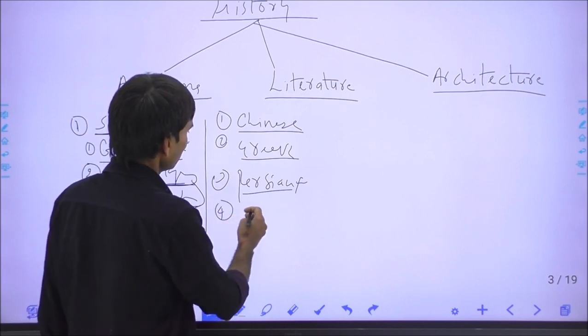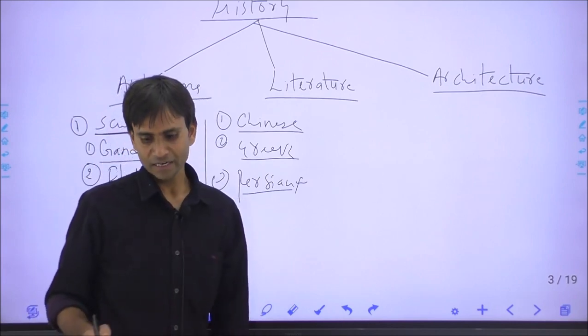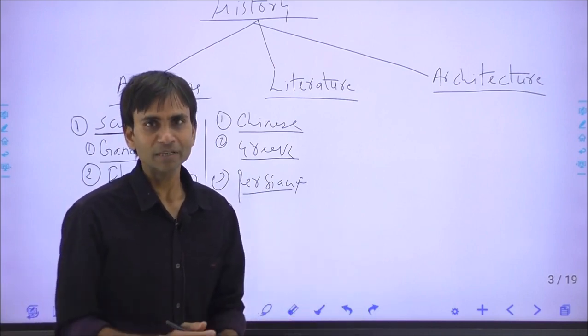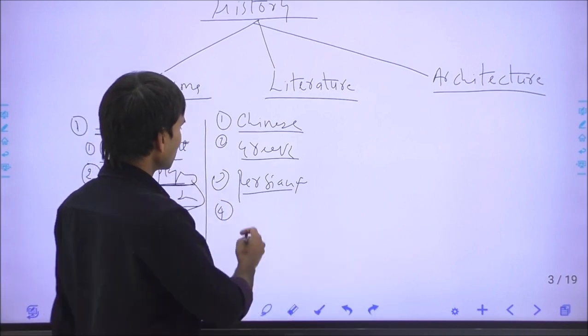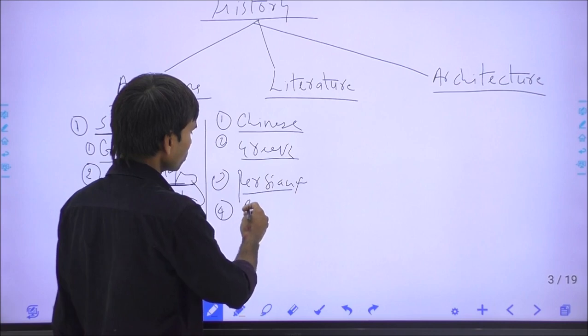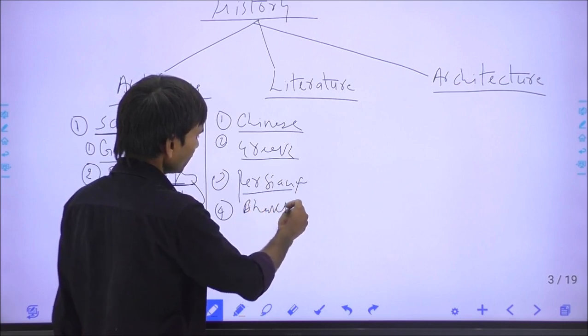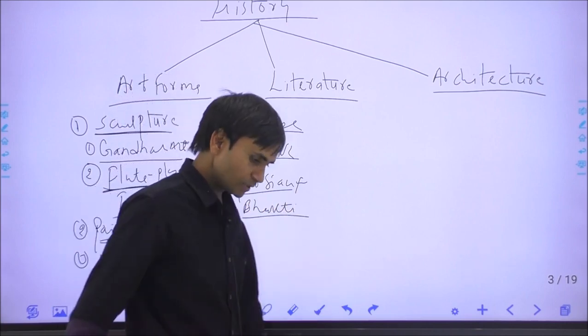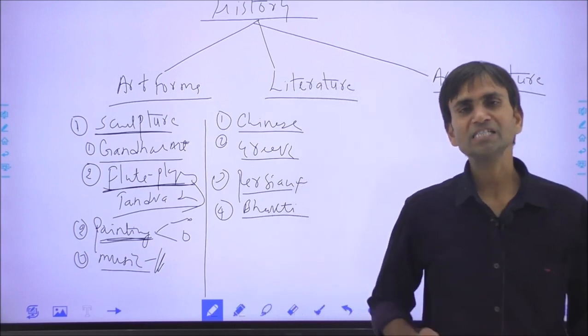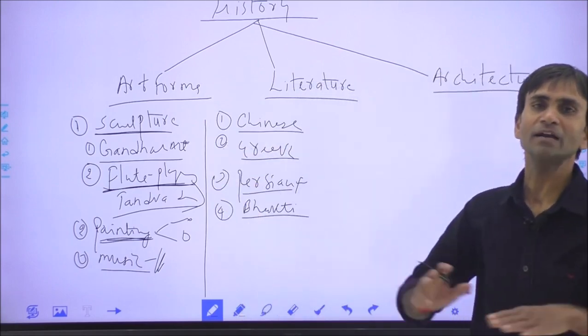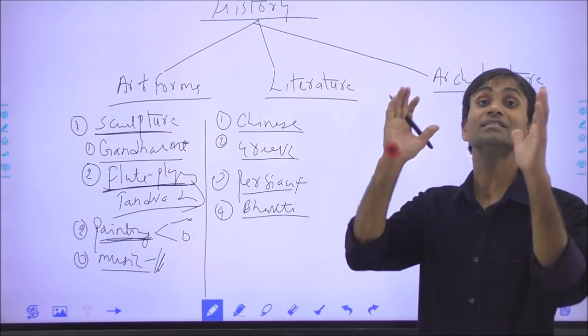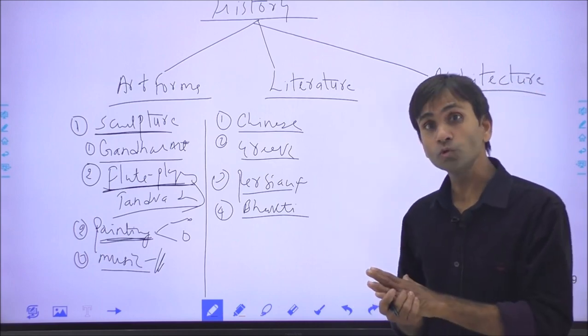And next, during the medieval age the literature was enlarged or diversified by the Bhakti and the Sufi movements. So this was the Bhakti movement, and how did the Bhakti and Sufi movements expand the horizons of literature, and what were the dimensions added by the Bhakti and Sufi saints.